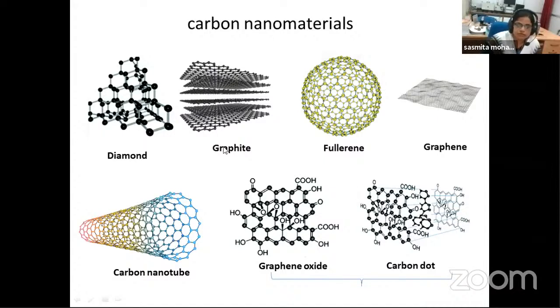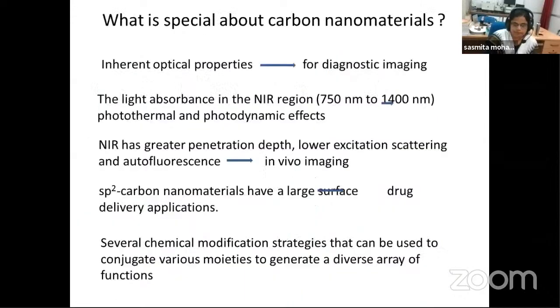In these allotropes, the hybridization of carbon varies from sp to sp2 to sp3, and depending on the hybridization, the properties of these allotropes vary.